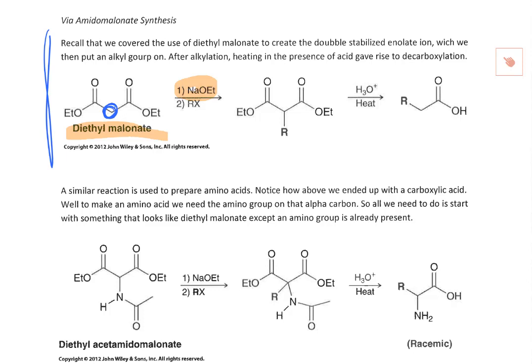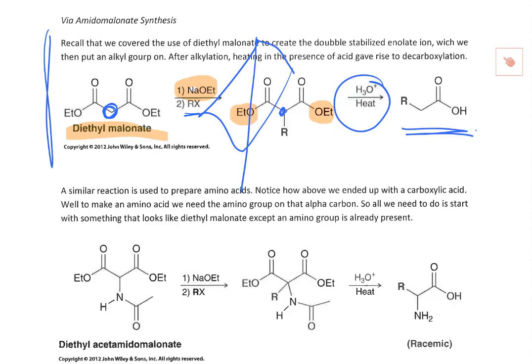Once you have the enolate, that enolate can attack an alkyl halide, and you can get an R group attached to this middle position. Then with heat and acid, not only will that turn these OETs into OHs, but that heat is also going to take this part and cleave it off, and that's called a decarboxylation. And so that gets us a carboxylic acid with whatever R group we want attached.